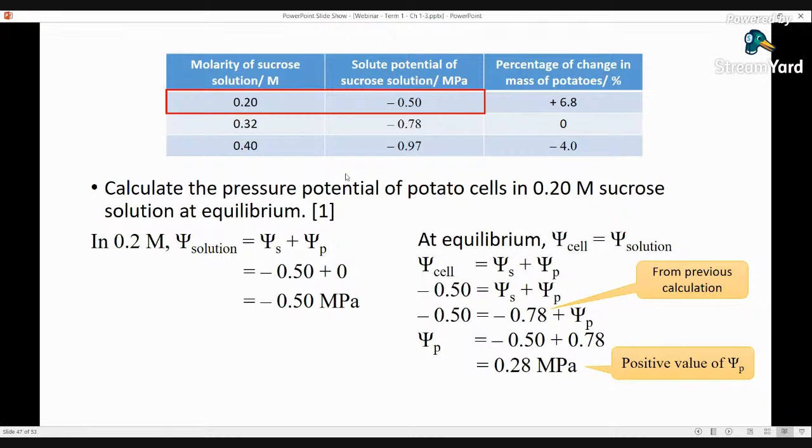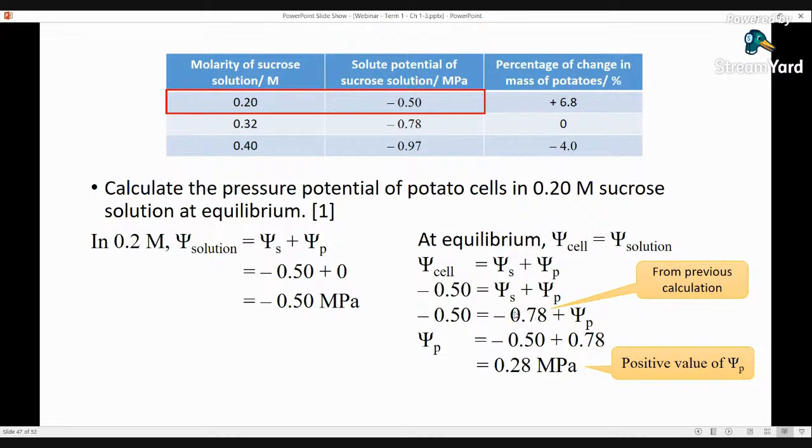Because now we want to calculate the pressure potential of the cells, the water potential of the cell is equal to the solute potential plus pressure potential. Because at equilibrium it equals the solution's, the water potential of the cell is negative 0.5.